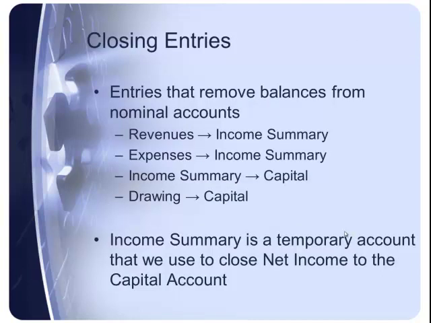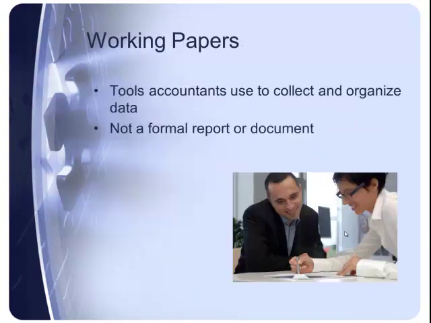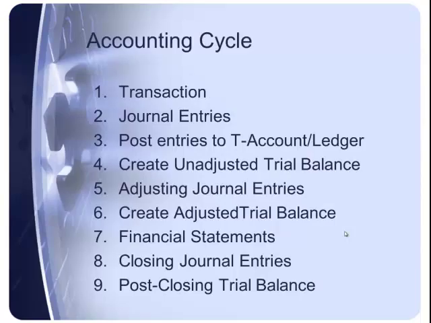The last part of the accounting cycle is closing entries. Closing entries are entries that close out revenues, expenses, and the drawing account. What we're doing is zeroing out those accounts because we reported them in the financial statements. If you look back to the accounting cycle, we reported them here.